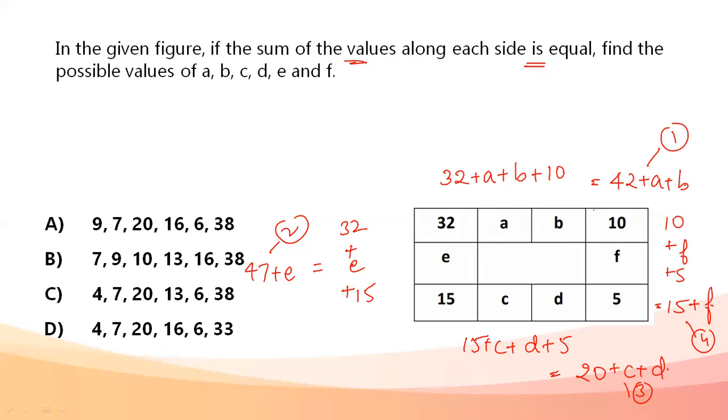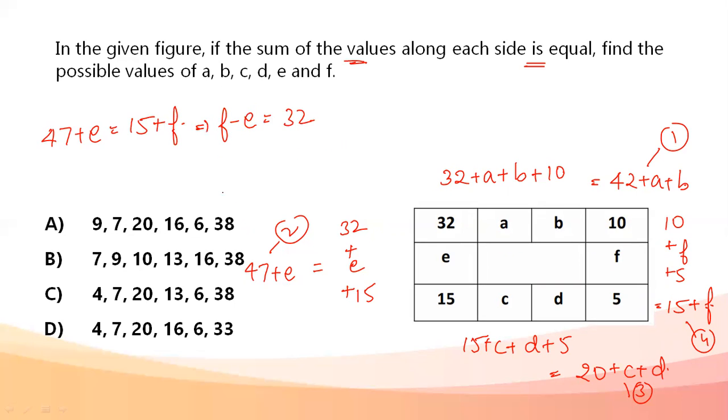What I can do? Let's go for the vertical sides. So if you go for the vertical sides, 47 plus E is going to be equal to 15 plus F. One thing that I can make out from here is F minus E is going to be 32.